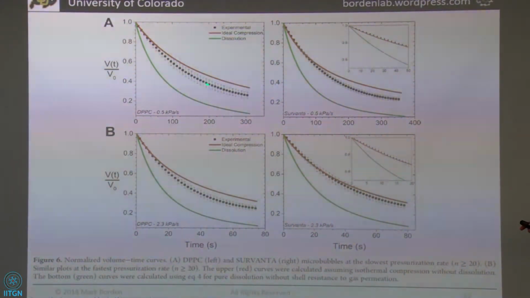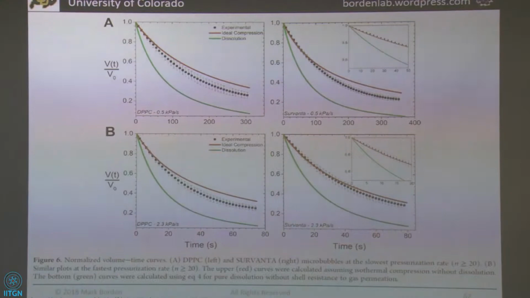And you can see that the data falls underneath that. Okay? So we know that there must be some dissolution. But if you look at pure dissolution, that is if you take the Epstein-Plesset equation without any shell resistance and you apply that, then that's the green curve. So it falls between these two curves. It's really closer to the compression curve.